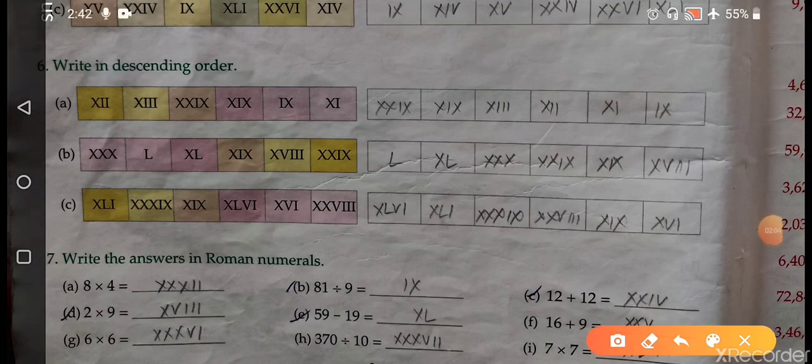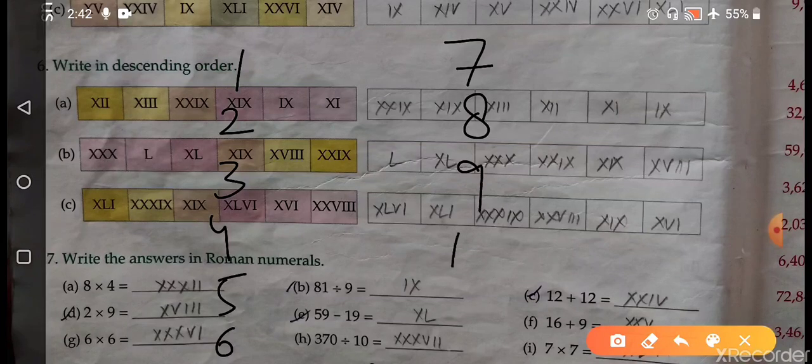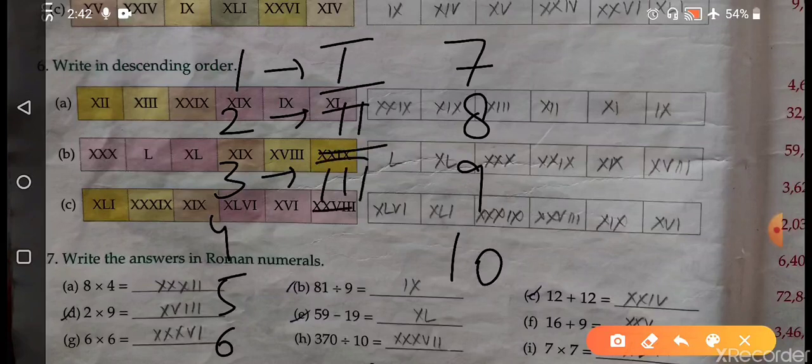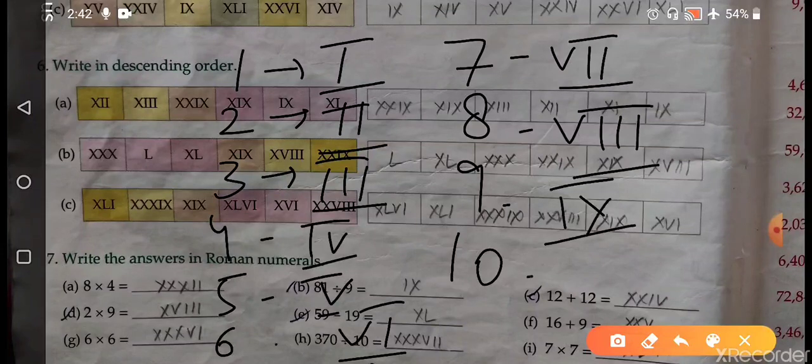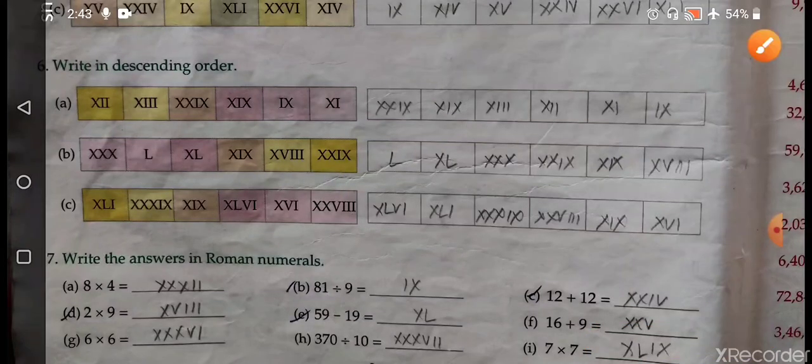You will write 1 2 3 4 5 6 7 8 9 10 like this in your notebook, and then put a hyphen here and write how they are written in the Roman number, like this: 7 8 9 and 10 in your notebooks till 50.